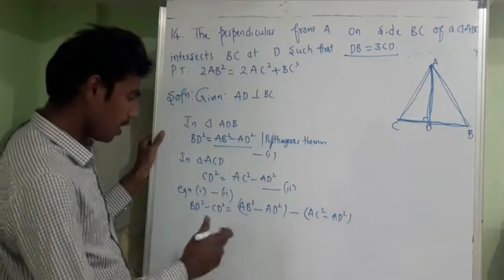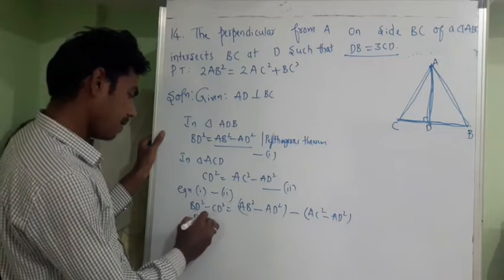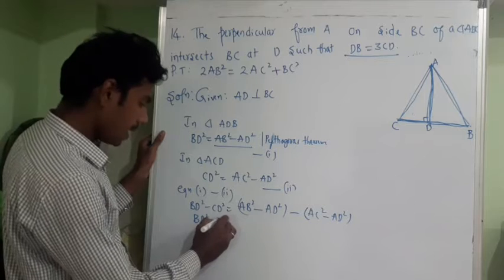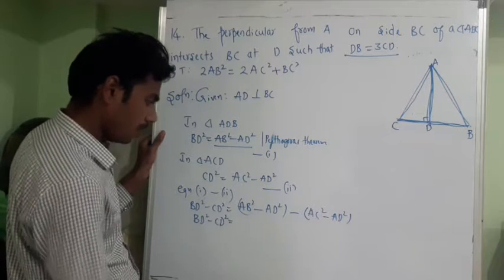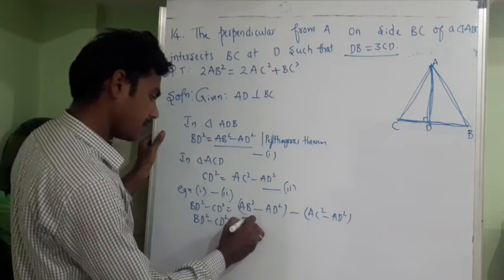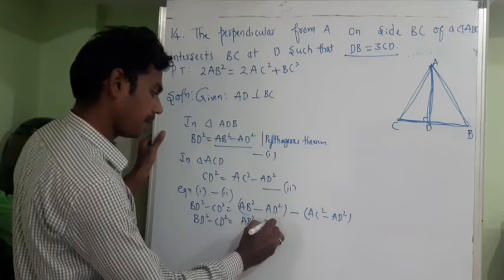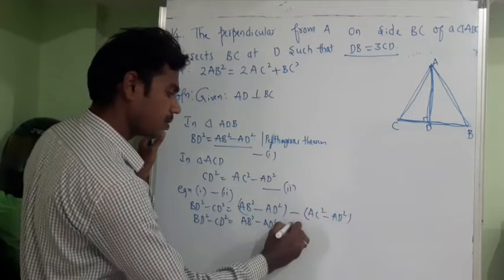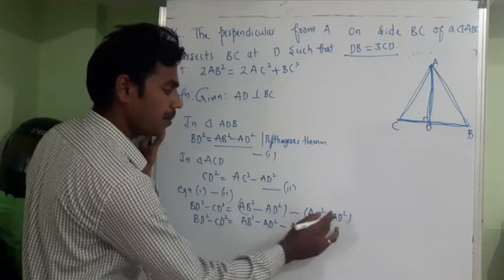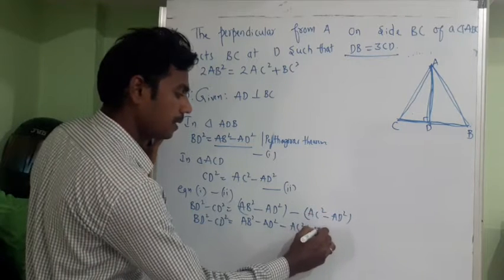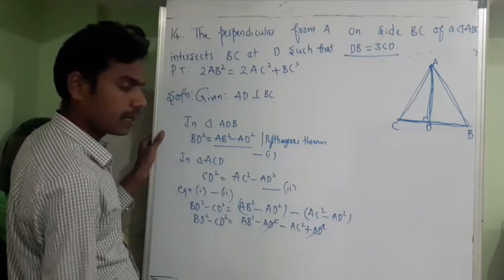Once you expand it, what will you get? BD square minus CD square is equal to AB square minus AD square as it is, minus AC square, minus into minus plus AD square. This and this will get cancelled.